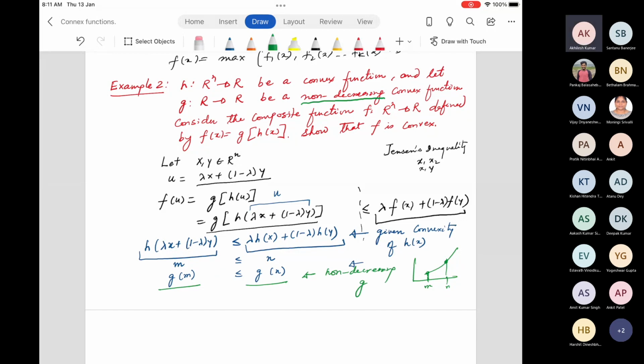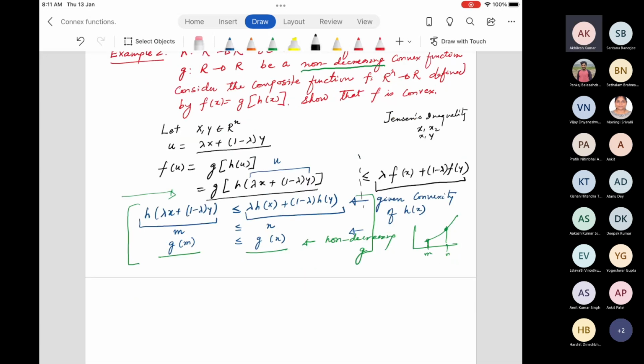Now let's try to put all these things which I have discussed into our equation. g of h(lambda x plus 1 minus lambda y), can we say it will be less than or equal to g of lambda h(x) plus 1 minus lambda h(y)?